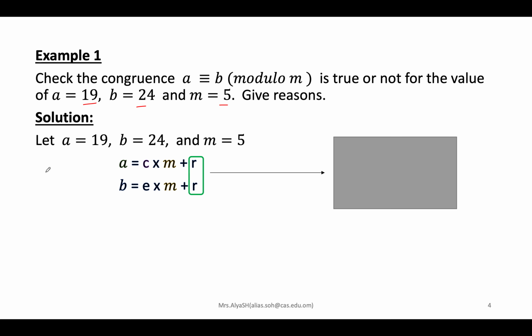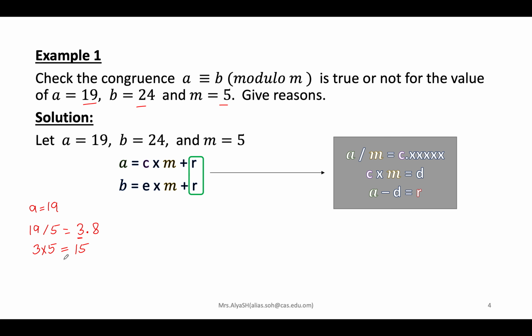So we will take first A equals 19 and find the remainder. First of all, let's divide 19 by 5. If we do so, we will find that we get a fraction. So we will take the number before the fraction point and multiply by M. The result is 15.